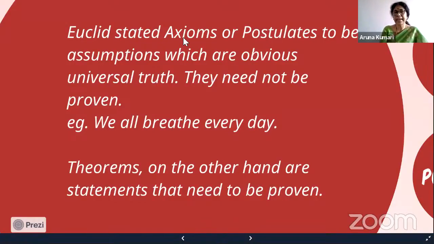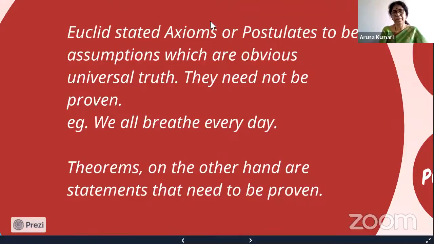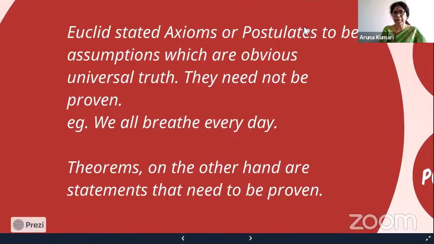Now he stated axioms and postulates. These words came from Greek. So axioms and postulates are assumptions which are obvious universal truths.